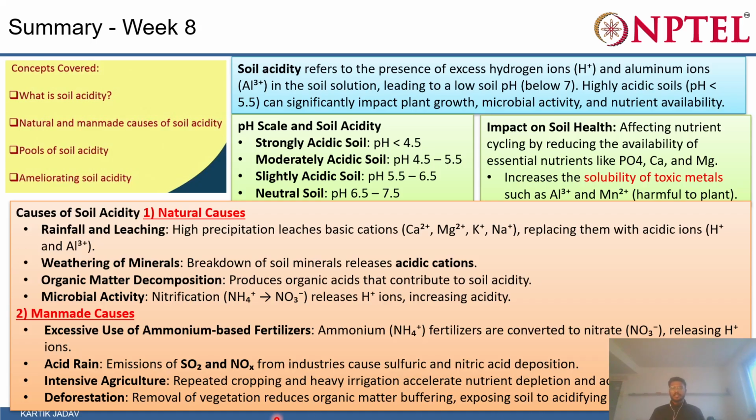The causes of soil acidity: there are two causes, either a natural cause or a man-made cause. Natural causes, like rainfall and leaching. Higher precipitation leaches the basic cations like calcium, magnesium, potassium, and sodium, replacing them with acidic ions like H plus and aluminium 3 plus. Another is weathering of minerals.